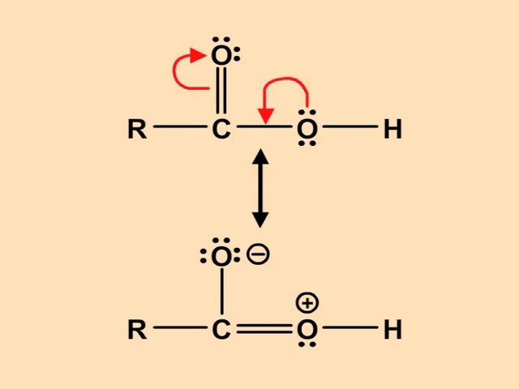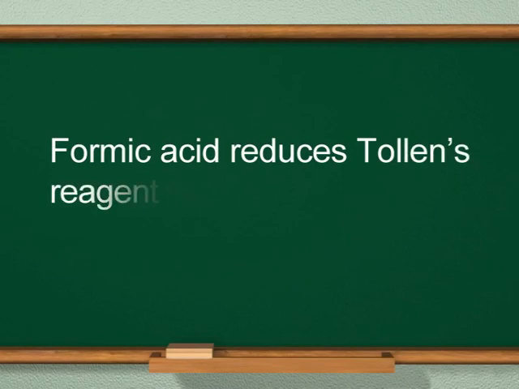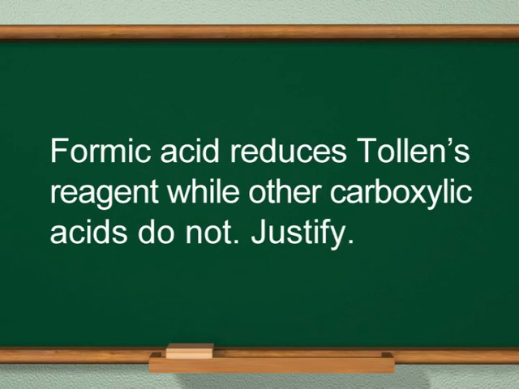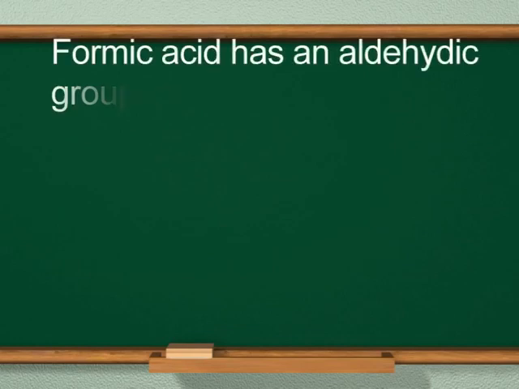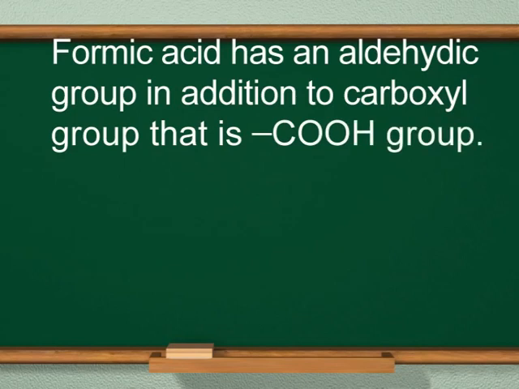My next question is, formic acid reduces Tollens reagent while other carboxylic acids do not. Justify. And the answer is, formic acid has an aldehydic group in addition to the carboxyl group, that is the COOH group.